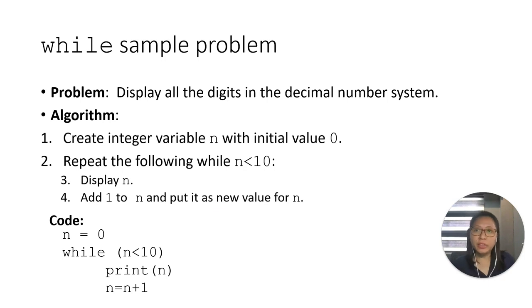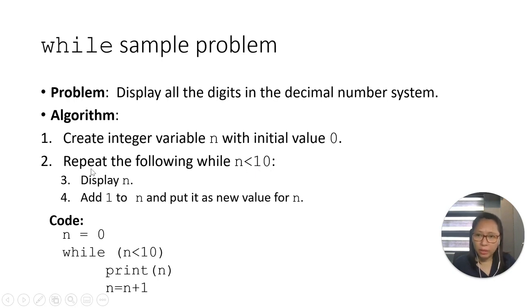Let's take a look at another example. Let's say we have this problem, display all the digits in the decimal number system. And then the algorithm for this one is first create an integer variable n with initial value 0. And the next step is repeat the following while n is less than 10.